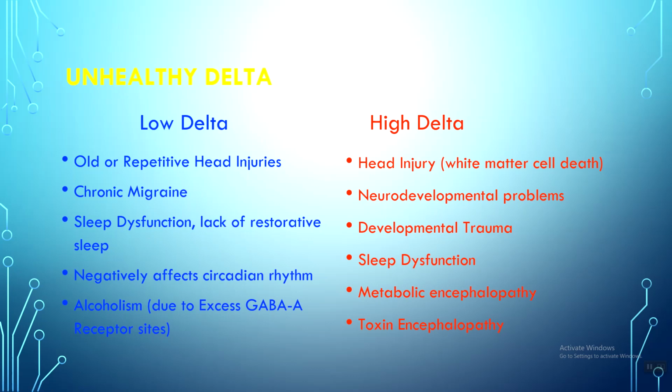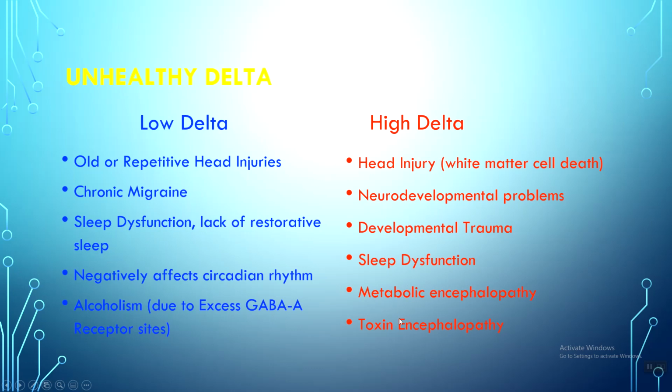Because delta is deep dreamless sleep. And if you think about it, delta also is the frequency that we emanate when we are in infancy, when we're being held, when we're being rocked, when we're being nursed, when we're being taken care of. If there was an inability to let down or relax, it may show up in a deficit of delta.